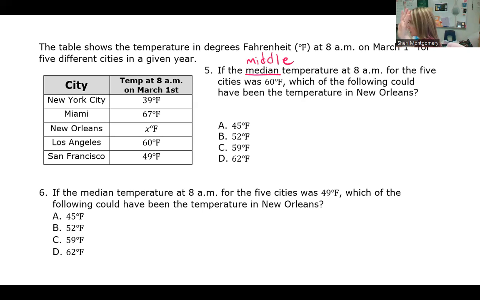So finding the middle is not that hard. It says that the middle number is 60, so I'm going to put 60 in the middle. And then taking a look at my chart, I'm going to fill in the others. So if there's 5 numbers and 60 is in the middle.